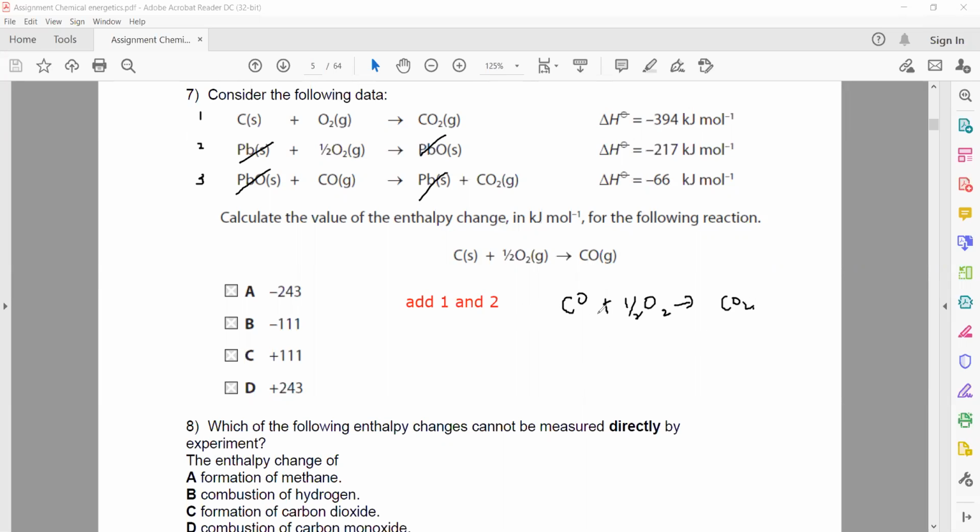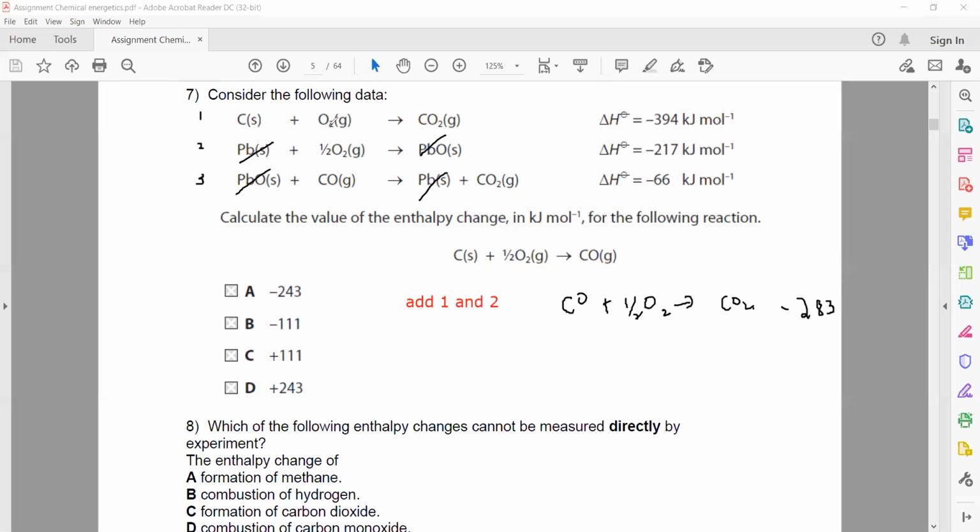Now we have this equation, and we are adding these two. So minus 217 and minus 66. So that will be minus 283 kilojoule per mole after adding equations 1 and 2.